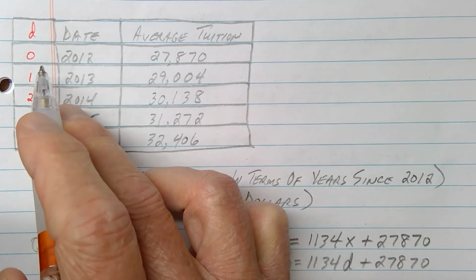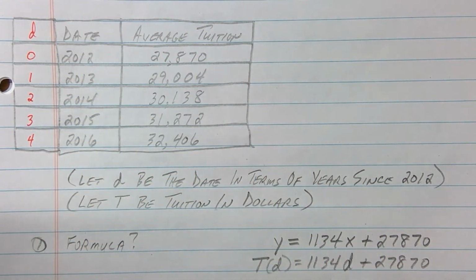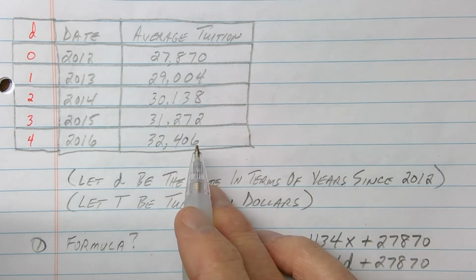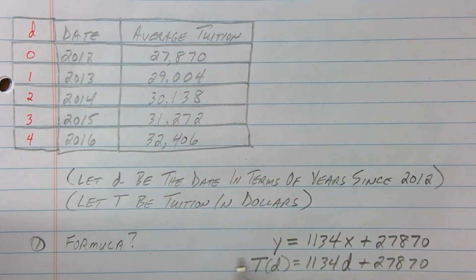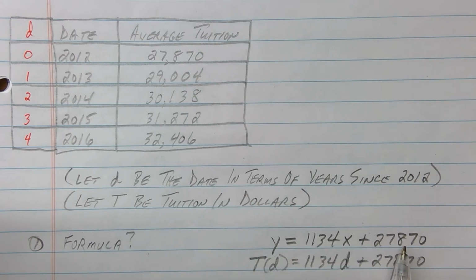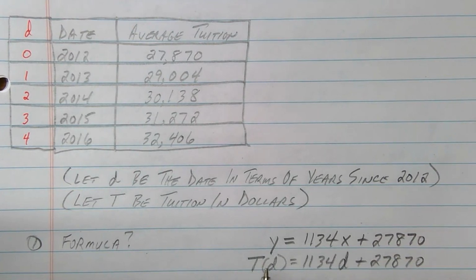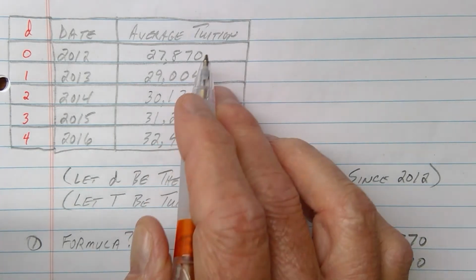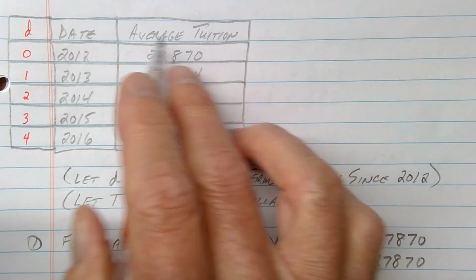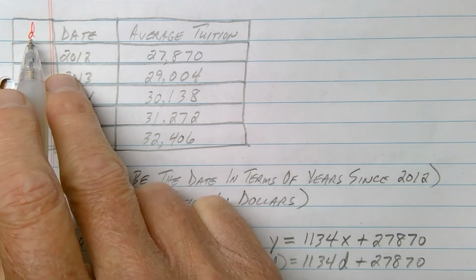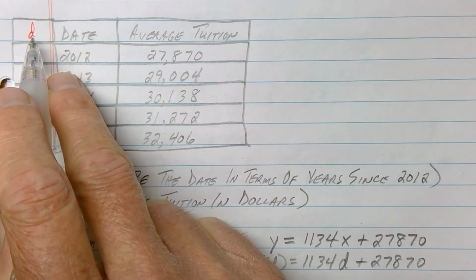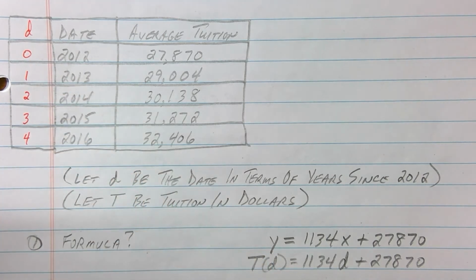So you grab your calculator, you put 0, 1, 2, 3, 4 in list 1, and you put these dollar amounts in list 2. And you come up with an equation that's y equals 1134x plus 27,870. Now remember to use the letters that they use in their story. So they want this to be T for tuition, and they want this to be D for date, the date in terms of years since 2012.